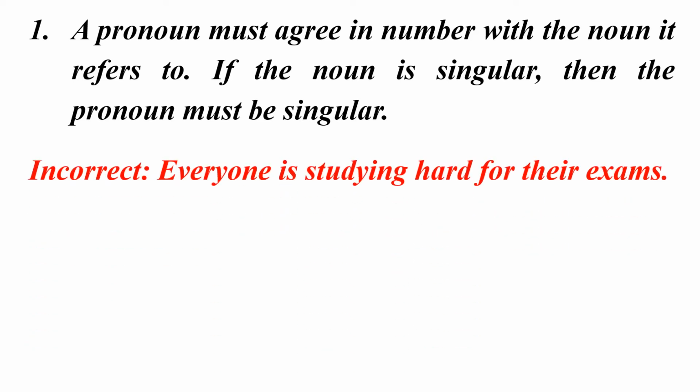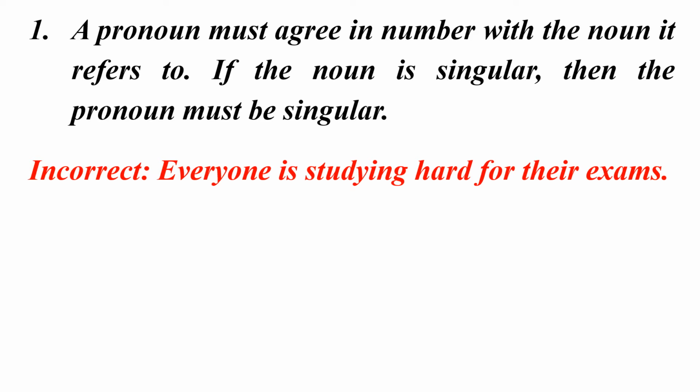We have a sentence here: Everyone is studying hard for their exams. It's an incorrect example of pronoun reference, because here as a subject we use everyone, but we use their instead.